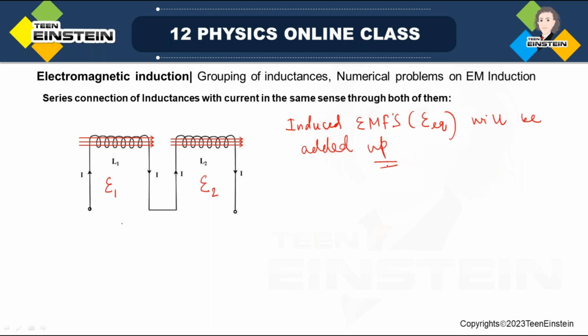That means E equivalent is equal to E1 plus E2.